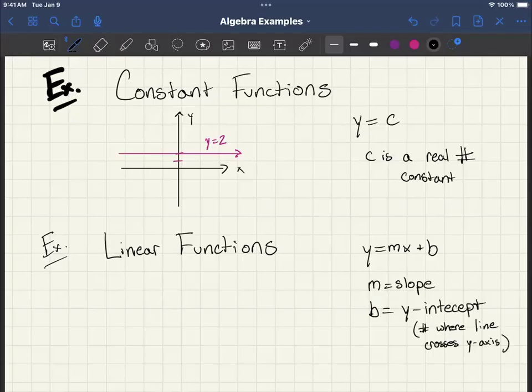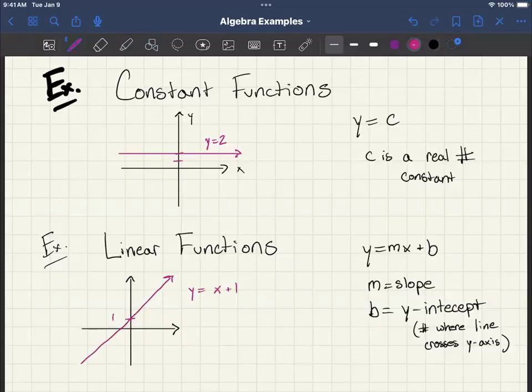This is the number where the line crosses the y-axis, just as a recall. So let's look at an example. We'll do a function like this: y is equal to x plus 1.